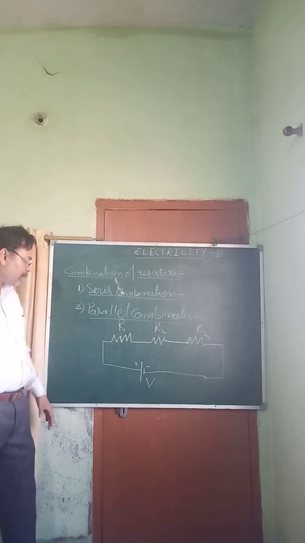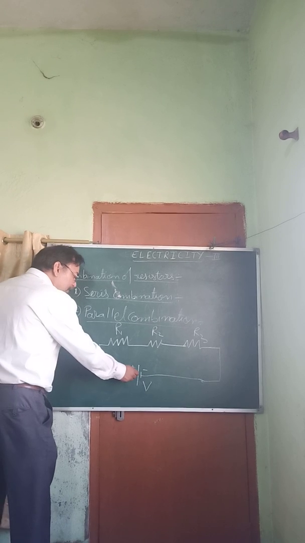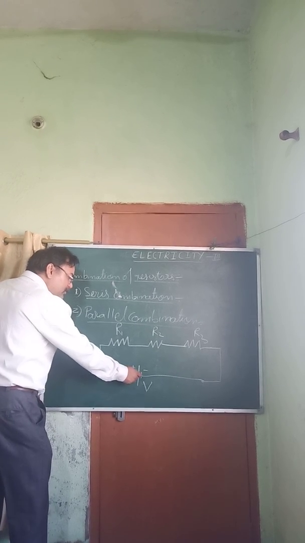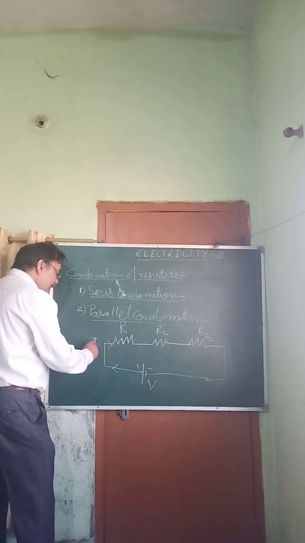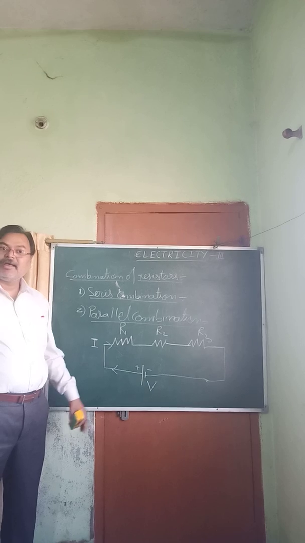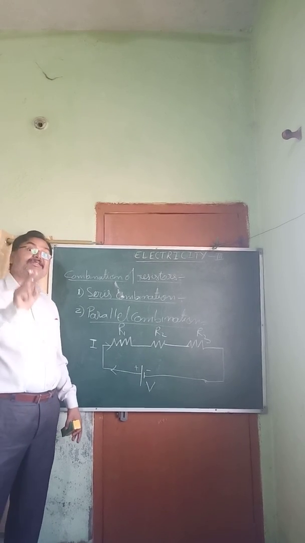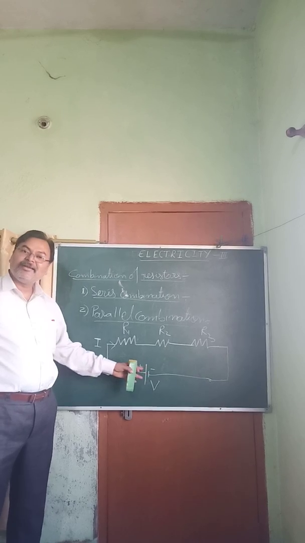Now, when you apply potential difference, what will happen? We know that the current will start from the positive terminal and it will flow like this, I. Suppose the current coming from the positive terminal is I. And remember, current always starts from the positive terminal of the cell, and this is the symbol of the cell.